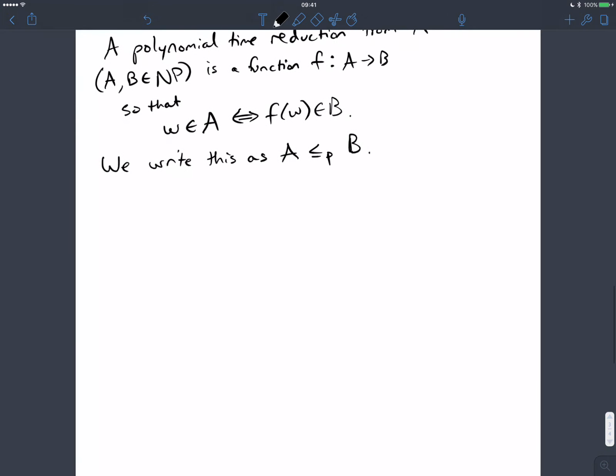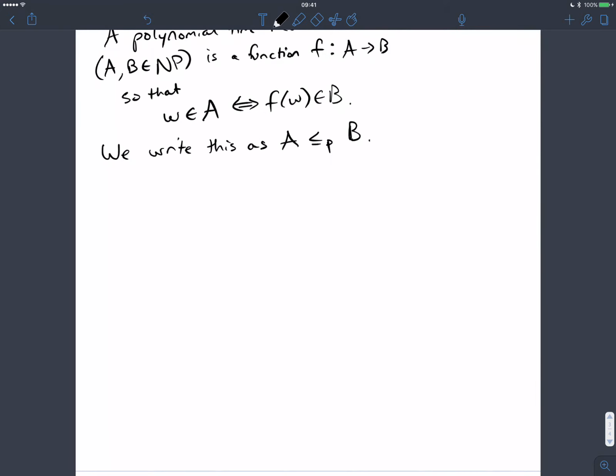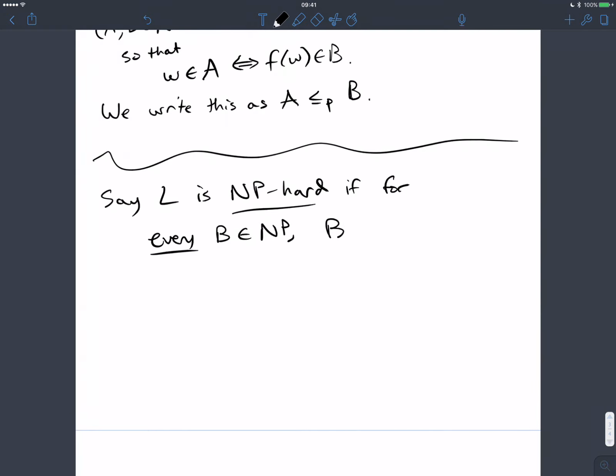Okay. So here's another term that's not quite as misused as P and NP, but it's very close to taking the top prize for that. We say that L is NP hard if for every other problem B in NP, B polynomially time reduces to L. Yeah.